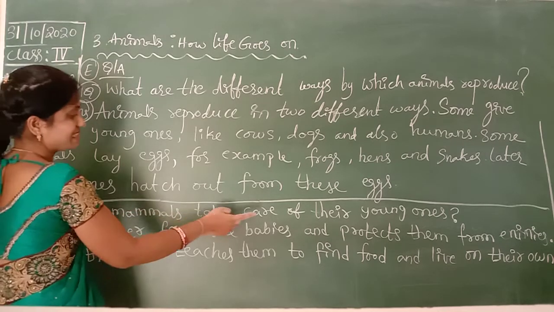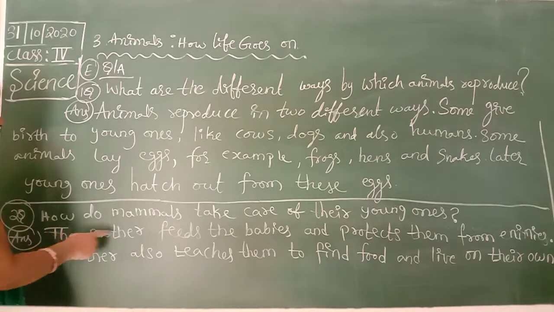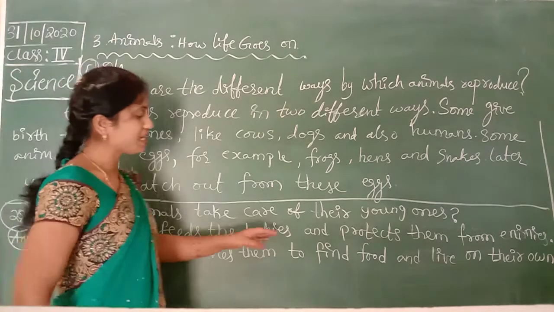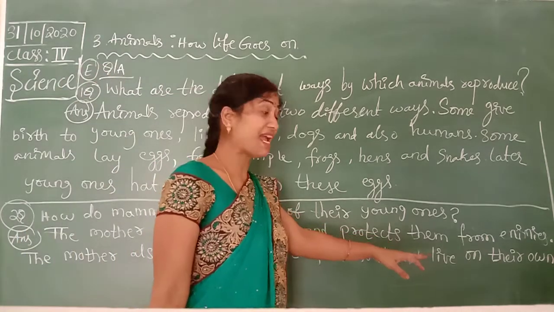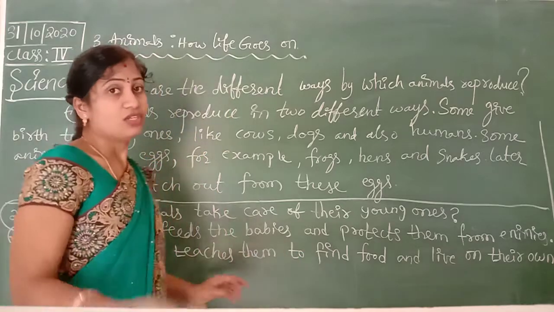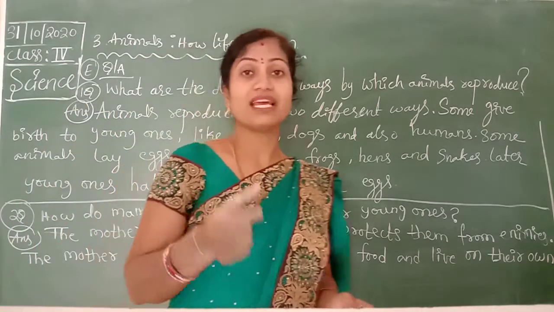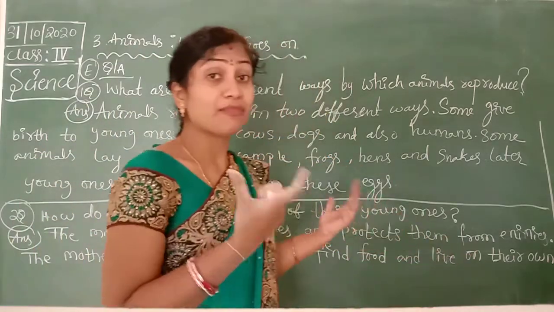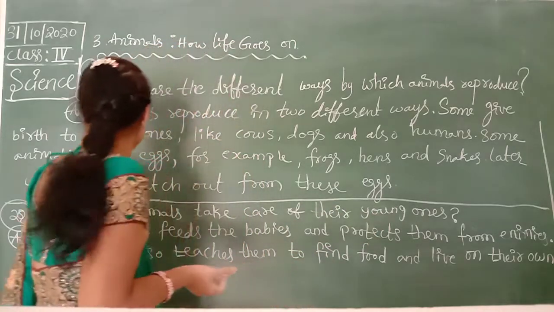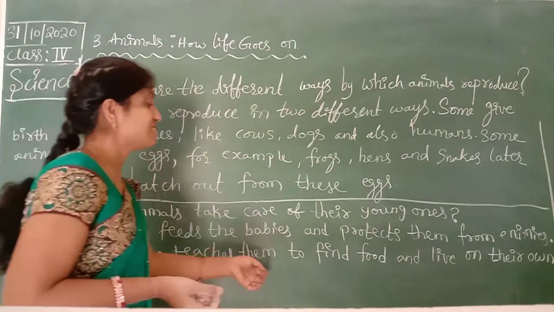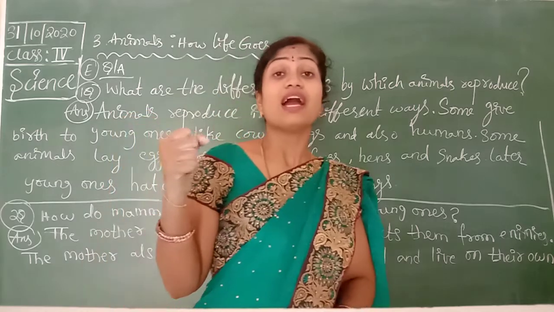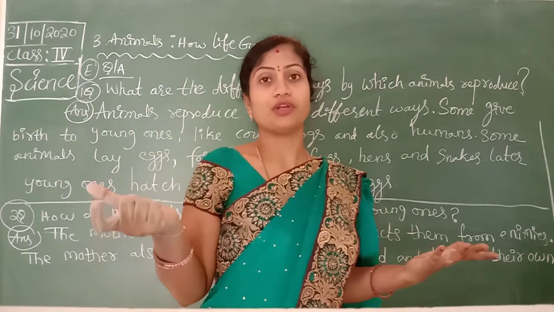How do mammals take care of their young ones? The mother feeds the babies and protects them from enemies. So, the mother feeds food to her babies and protects them from enemies. And the mother also teaches them how to find food and how to live on their own.